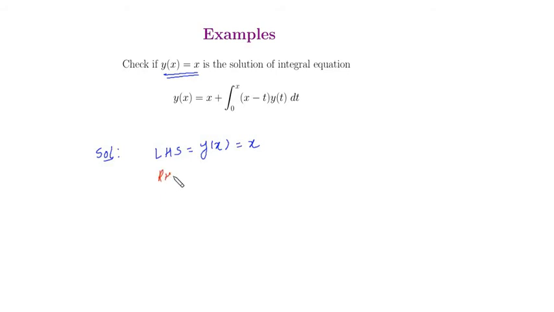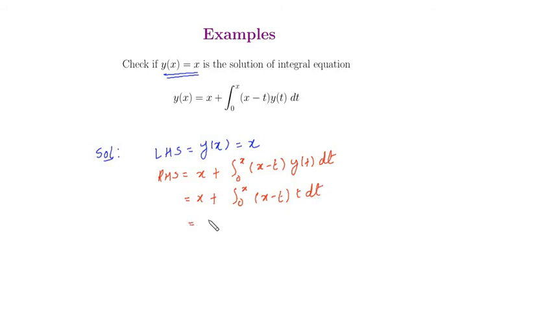So RHS equals x plus integral from 0 to x of (x minus t) y(t) dt. We have to evaluate this integral. Let us substitute for y(t): y(x) equals x, that means y(t) equals t. So integral from 0 to x of (x minus t) t dt.